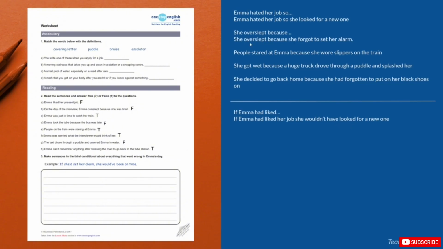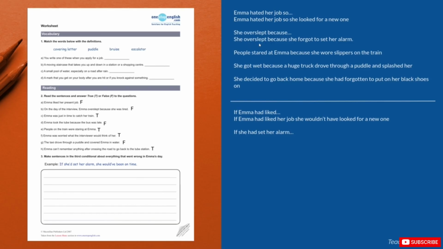Okay. So let's look at the next one. And I'm speaking to the student now. This is how I would do this in the lesson. She overslept because she forgot to set her alarm. She forgot to set her alarm. What if she had set her alarm? She didn't forget. What if she had set her alarm? If she had set her alarm, she wouldn't... And you can point the student here to the word, just give them some help.